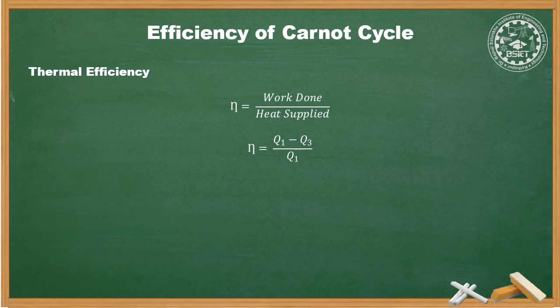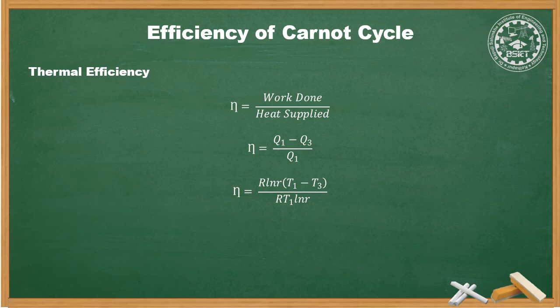Substituting the values of Q1 and Q2 in the efficiency equation, we get efficiency is equal to R log r, that is compression ratio, into T1, that is temperature of source, minus T3, that is temperature of sink, upon R T1 log r, that is compression ratio.